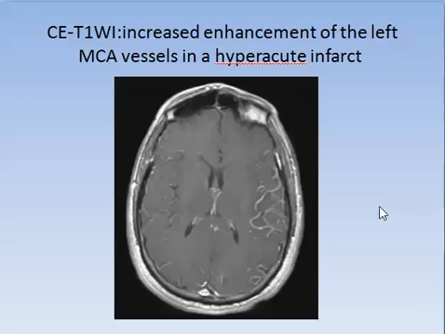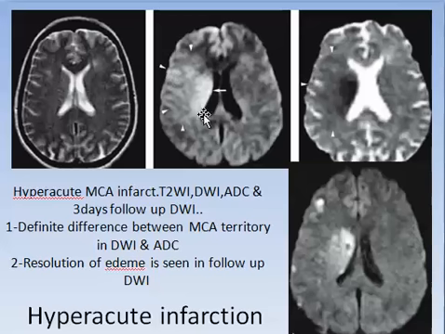Of course it will show restriction. A hyperacute will show extensive edema, but the core will be evident in the ADC map.